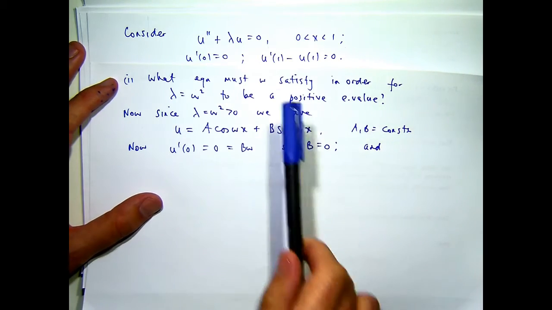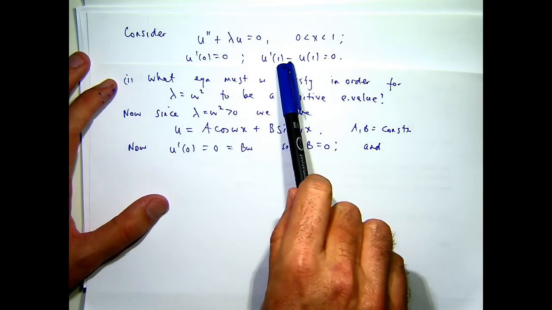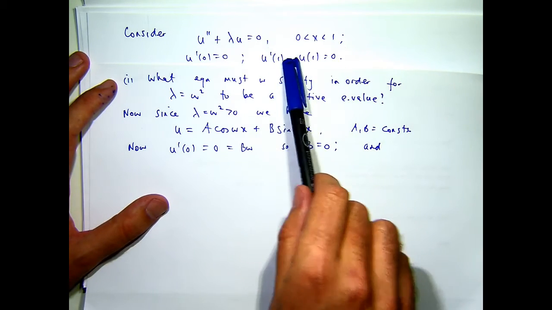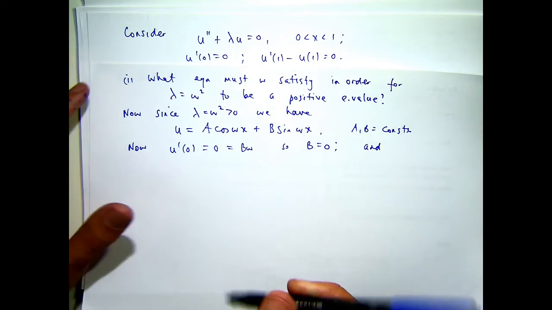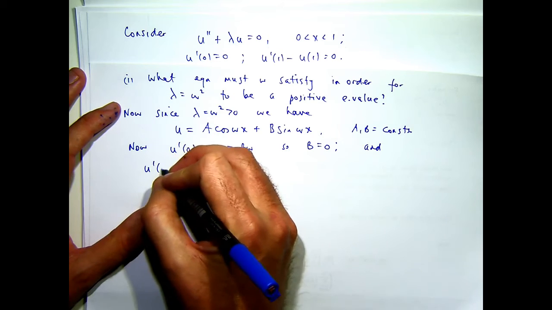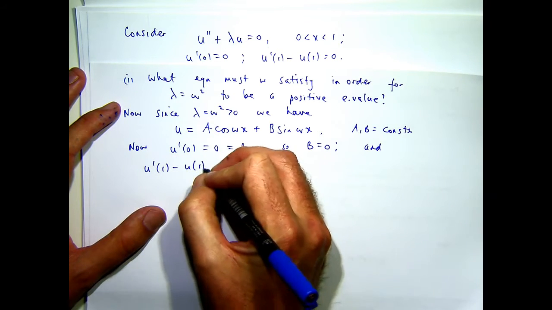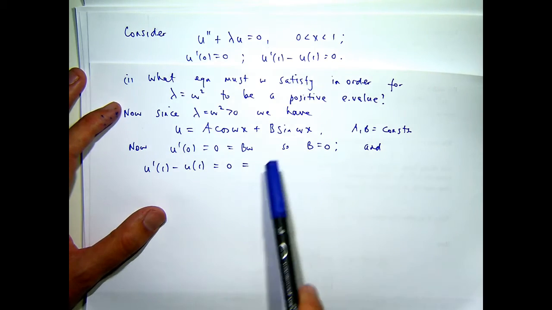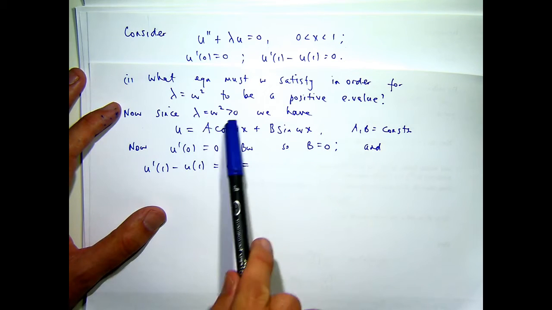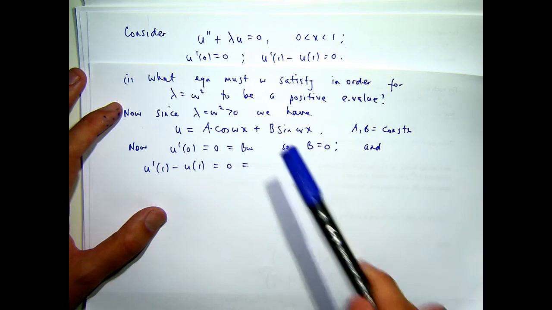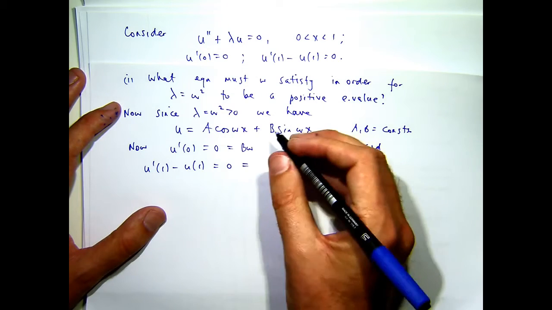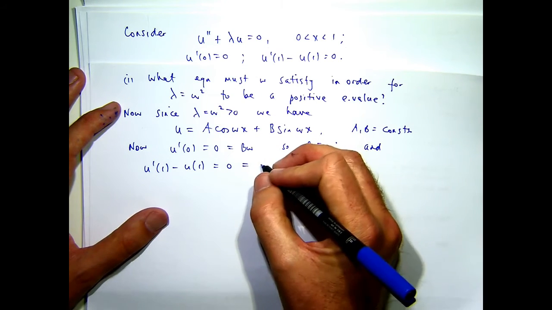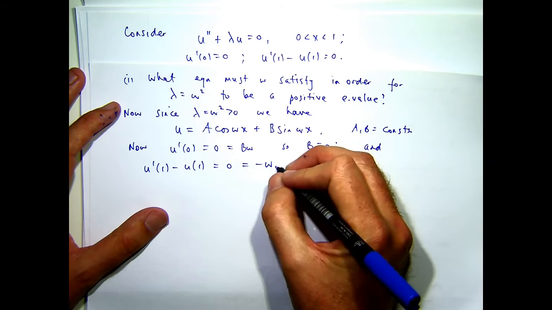So the other boundary condition is this one here. We differentiate, plug in x equals 1, so we get something like the following. Okay, b is 0, so if I differentiate that, I'll get something like minus sine, and I plug in x equals 1.